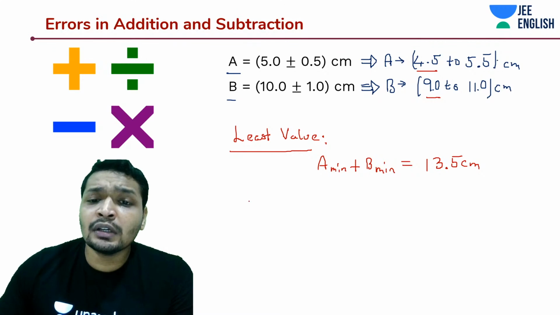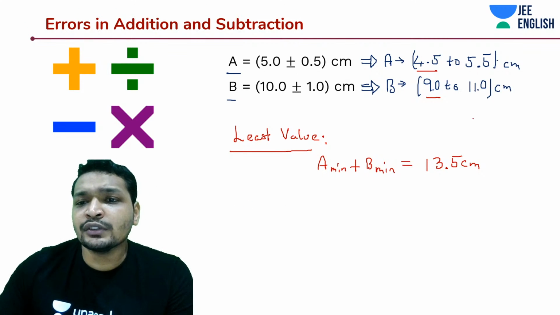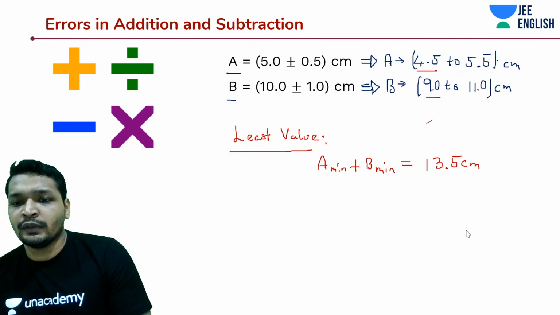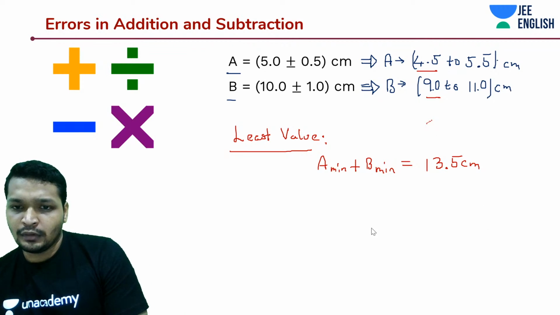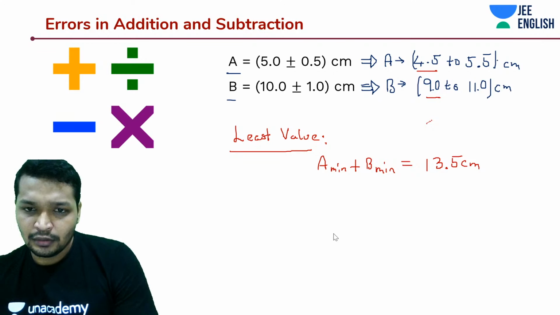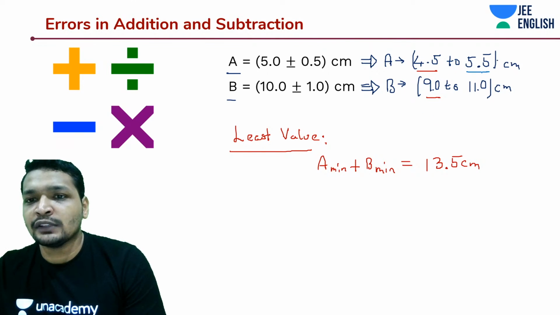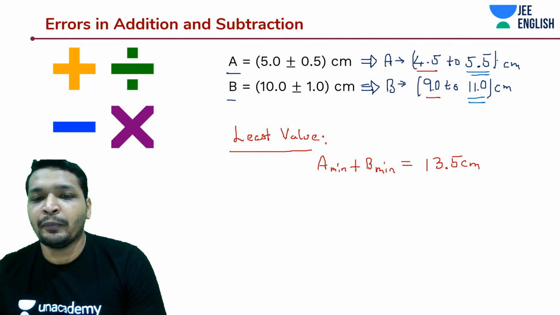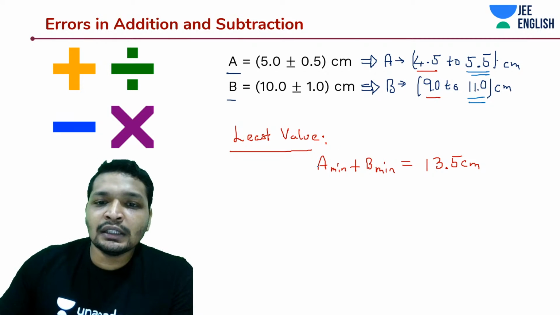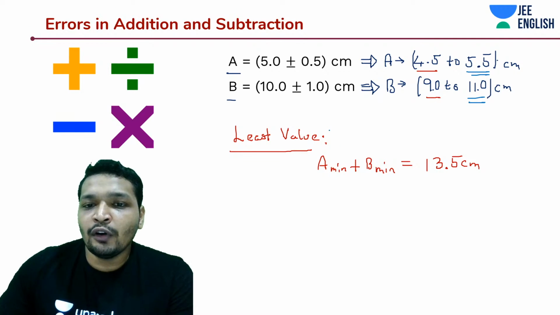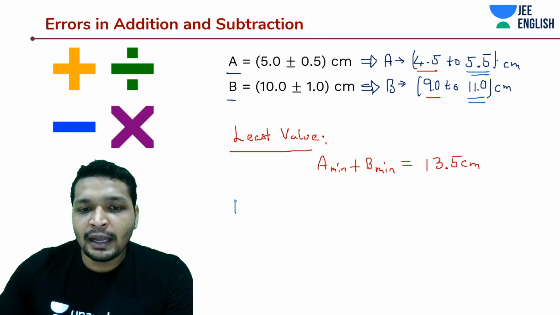And how about max value? Max value is going to be, let's do it with a different color maybe, around 5.5 and 11.0. So I'm calculating this for the sum, right? Least value of sum, and max value of sum.